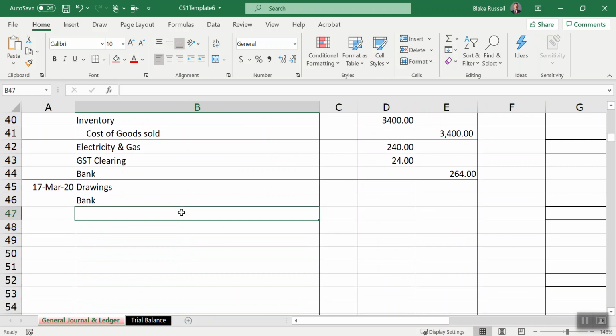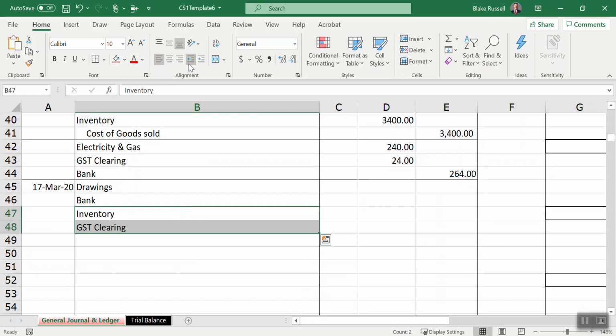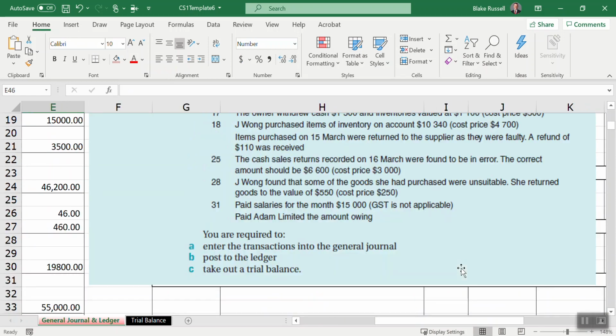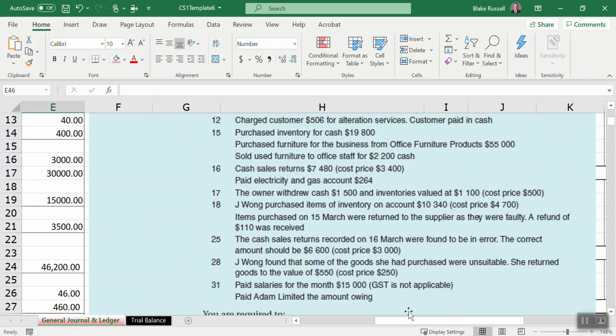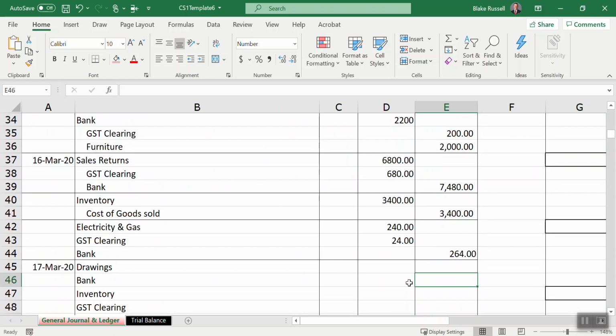Okay, so inventory and GST. All right, 1,500, wasn't it? Yep. All right.